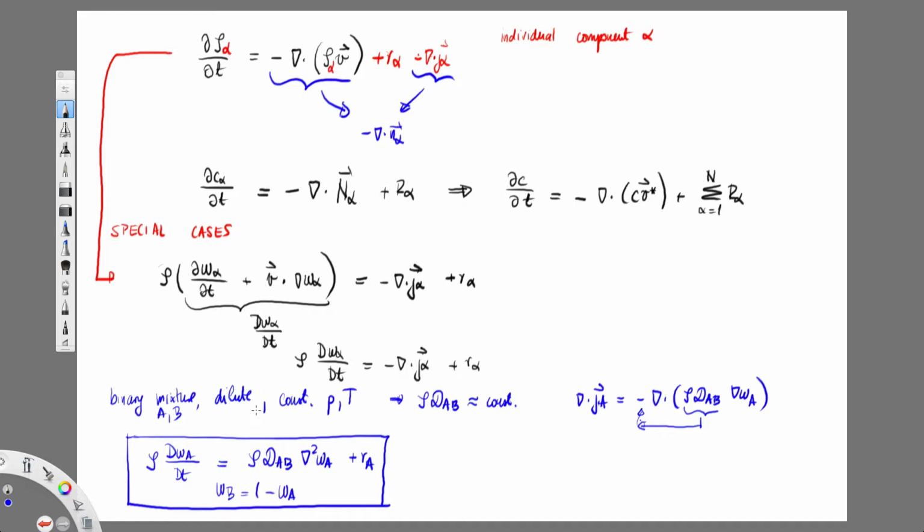One more simplifying case, so simplify further. In case that I actually have a static system, a stationary system, my V is 0, okay? So that's, for instance, diffusion in solids.